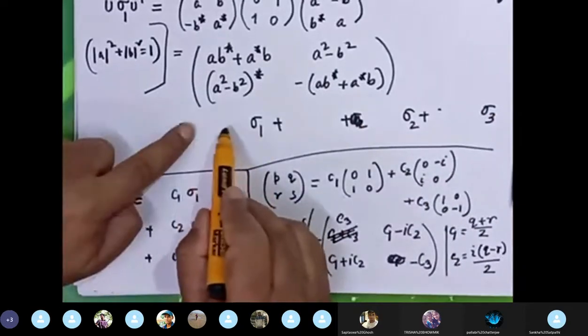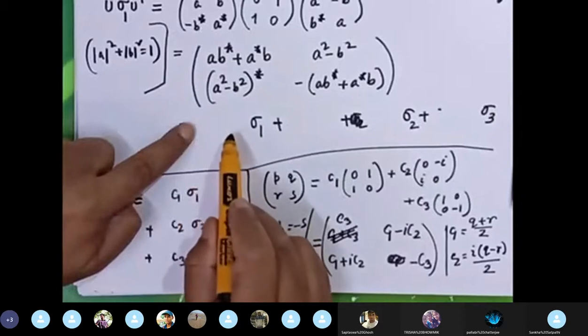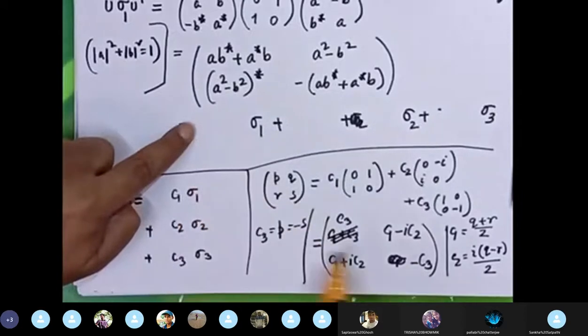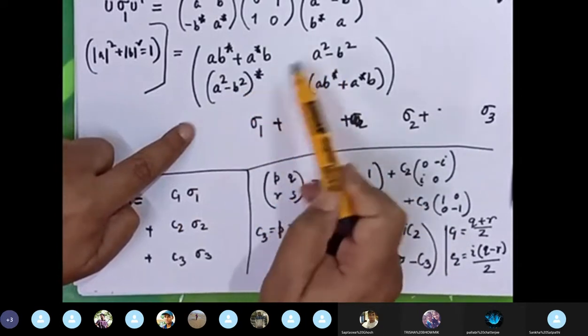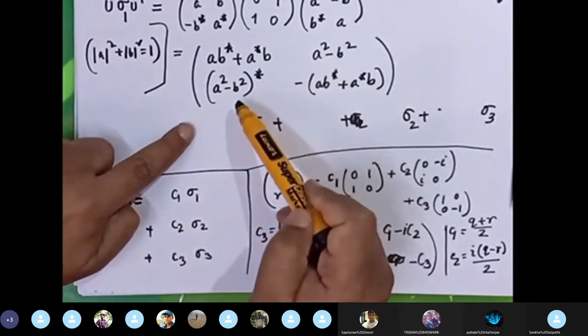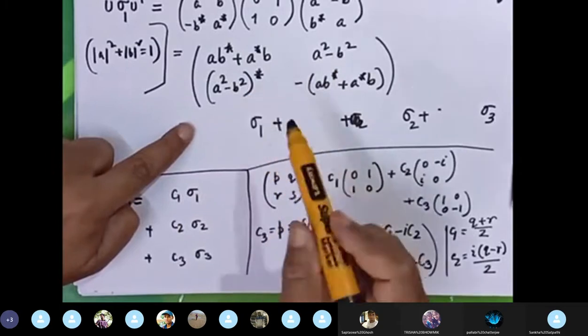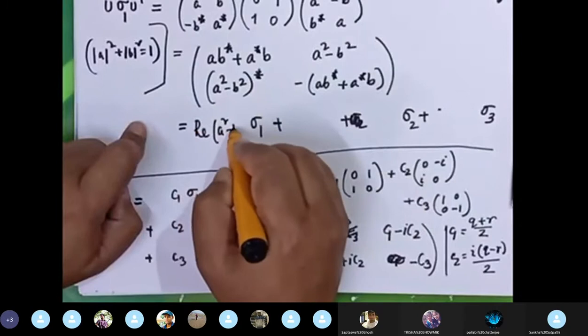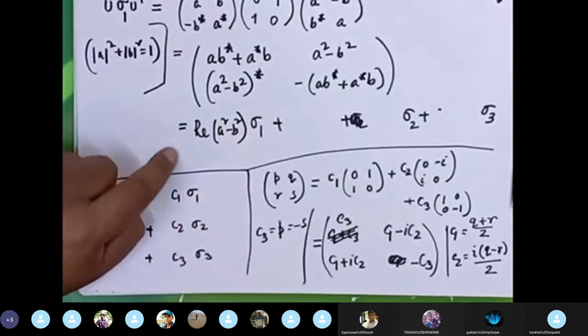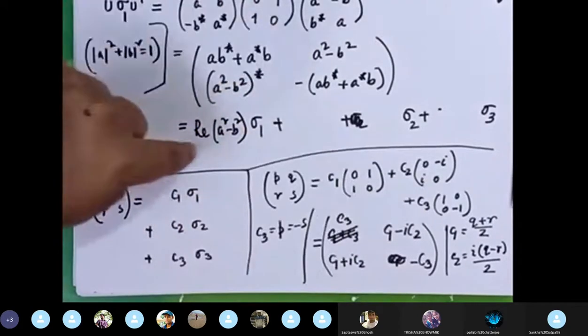These coefficients will be C1, C1 is Q plus R by 2. So it should be real part of A square minus B square. Is it clear?